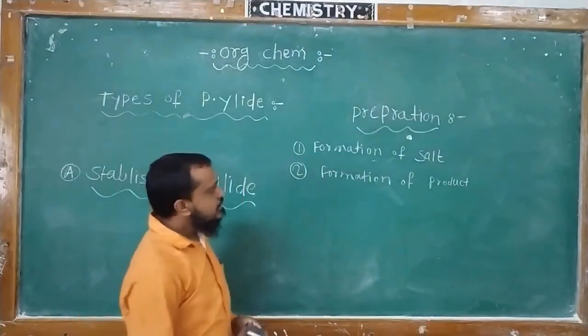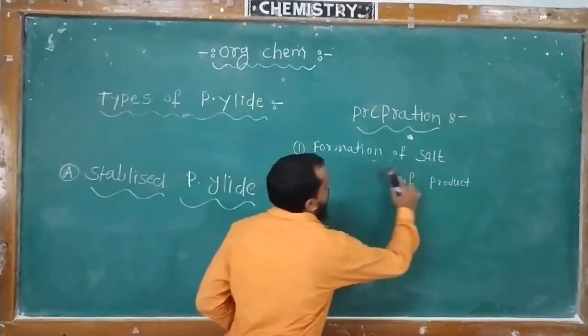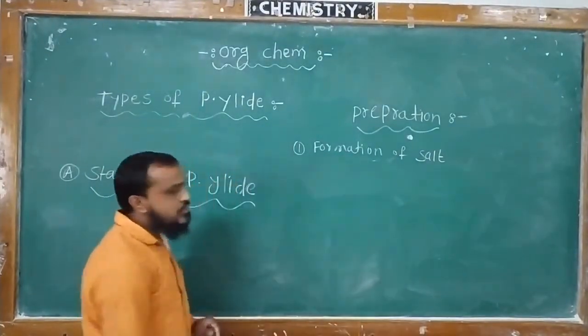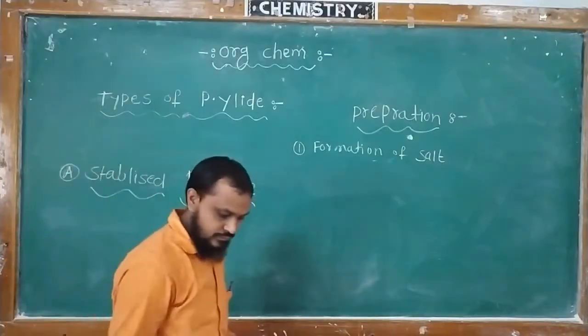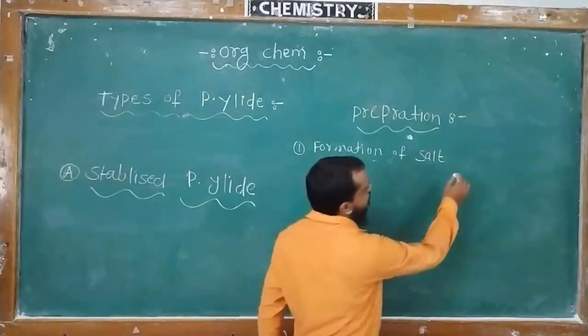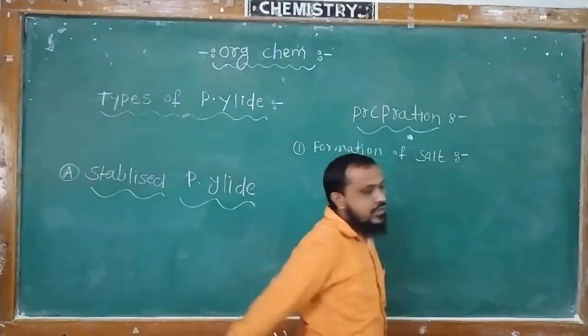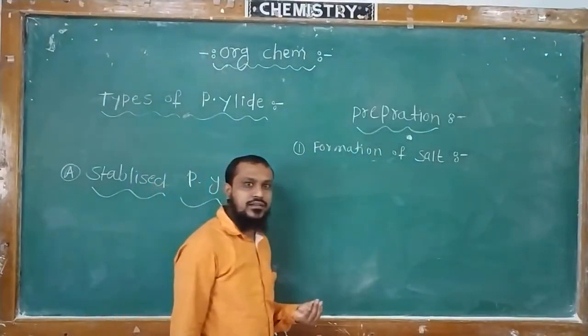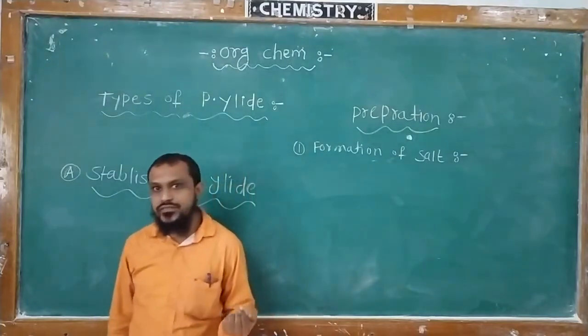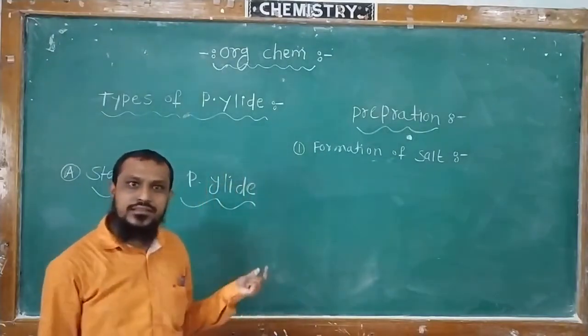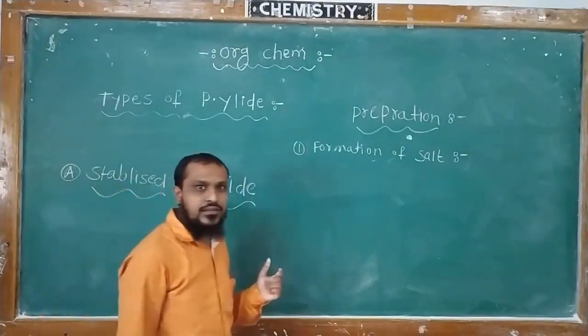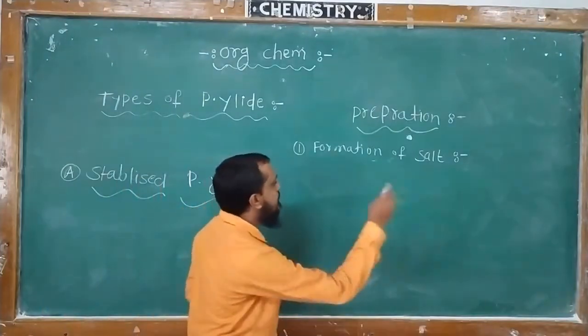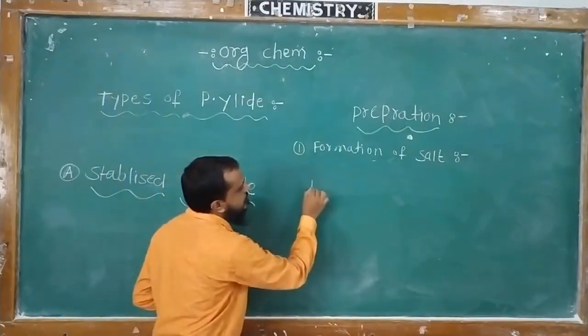Firstly, formation of salt. In the formation of salt, we have two reactants. The first one is triphenyl phosphine and the other is alkyl halide. Here I have taken triphenyl phosphine.